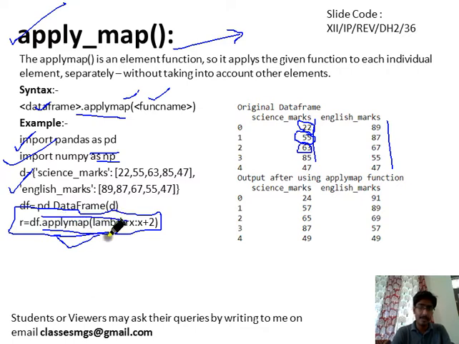Lambda is a Python feature, a short syntax for x plus 2. It will pass x as an individual element, add 2 to that element and return it to the applymap function. So 22 plus 2 is 24, 55 plus 2 is 57, 63 plus 2 is 65. So it is applying on each individual element of the data frame. Keep this in mind.